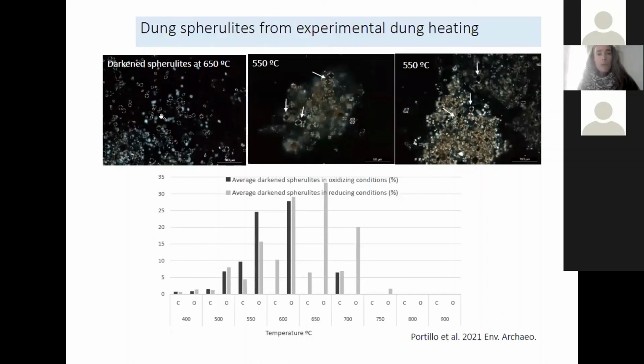And this happens, especially the darkening, at temperatures of about 550 to 650 degrees. And at 700 degrees the possibilities of surviving become lower, and they are completely calcined at 900 degrees. So it's interesting to study these microremains also to get some input into firing conditions in the sites.